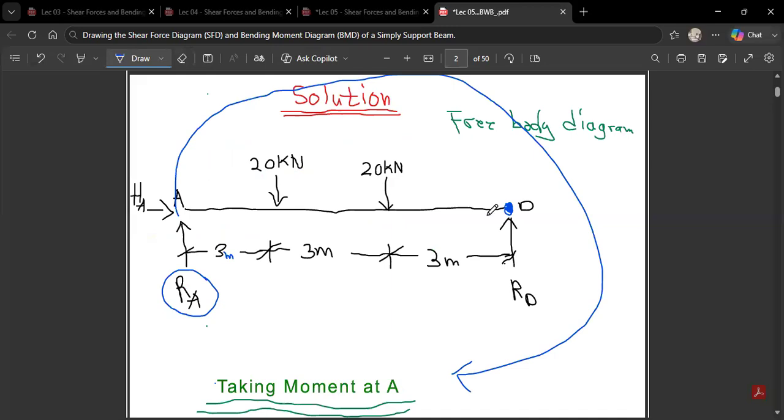Because we are taking moment over here, we have to consider the HA. So we say that HA times 0. HA will always multiply 0. As simple as that. Because there is no distance over there that it can cover to multiply. Do you understand me?